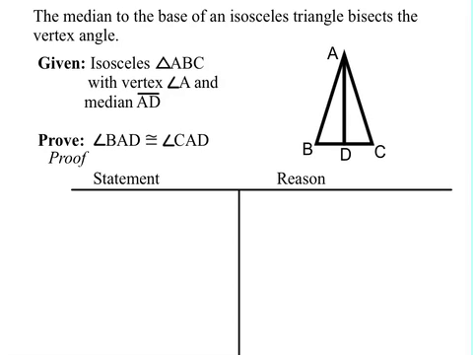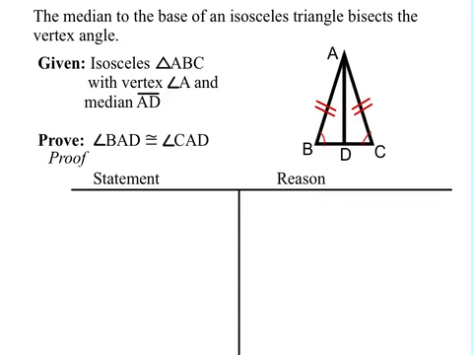By definition of median, point D is the midpoint of the base. Based on all of this, let's mark up what we know. We know that AB is congruent to AC because if angle A is the vertex angle, then the two sides of that angle are the legs, and the definition of an isosceles triangle is that the two legs are congruent.